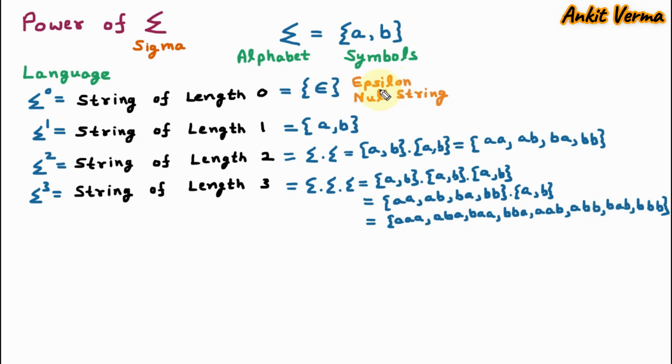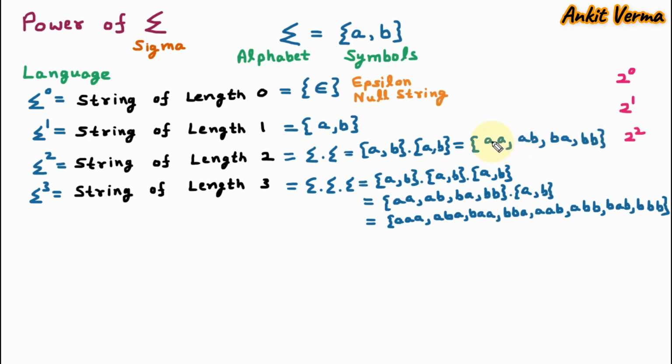The important thing is that in the strings of length 0 we have 2 raised to the power 0 strings. That means 2 to the power 0 is 1, so only one string, which is epsilon. In strings of length 1 we have 2 raised to the power 1 strings, that is 2, so a and b are the 2 strings. In strings of length 2 we have 2 to the power 2 strings, which is equal to 4.